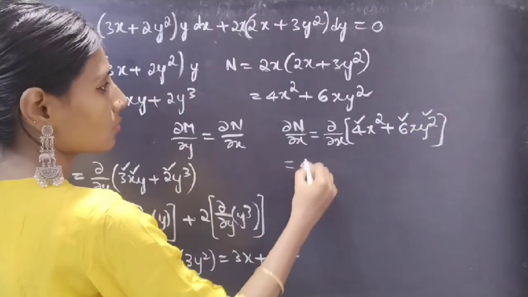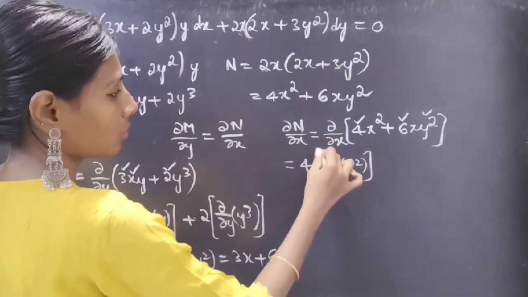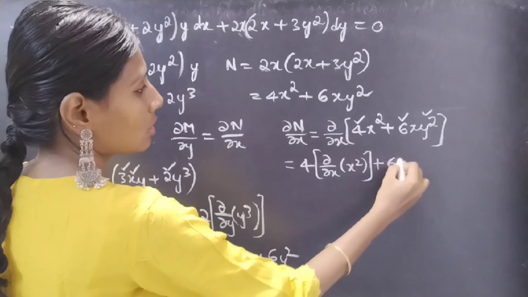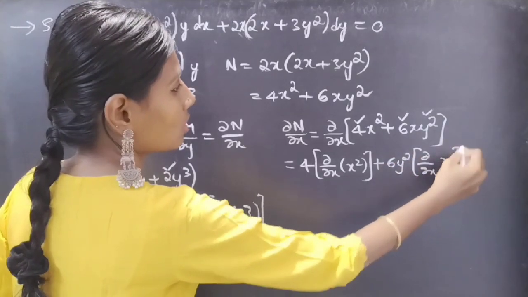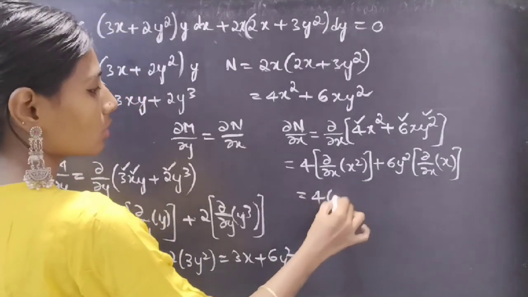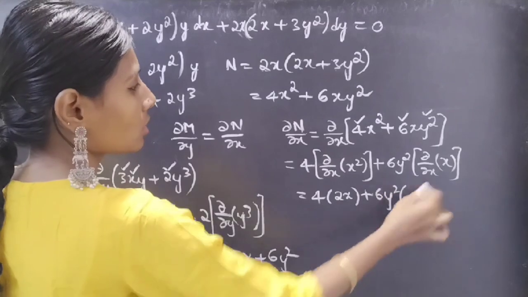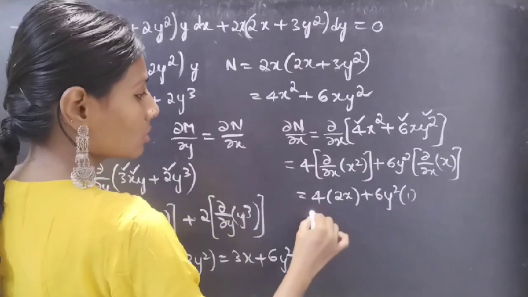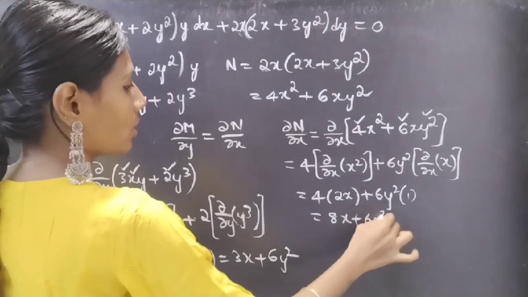So we can write this as 4 into partial derivative of x square with respect to x plus 6y square into partial derivative of x with respect to x. This gives us 4 into 2x plus 6y square into 1. This gives us 4 2s are 8x plus 6y square.